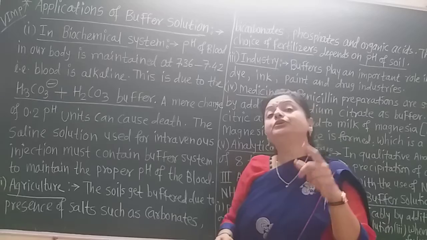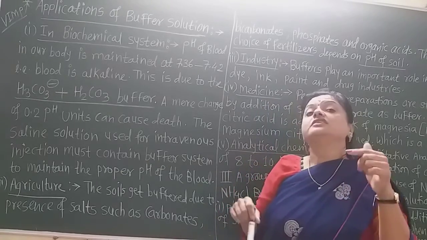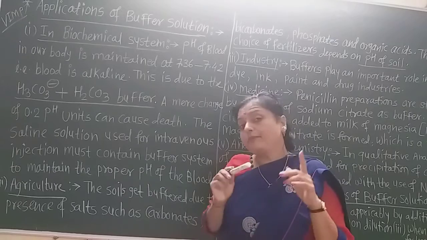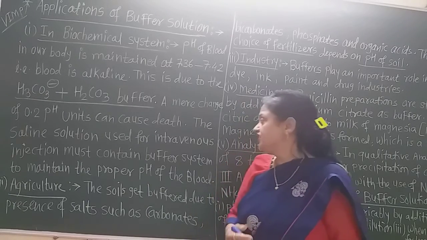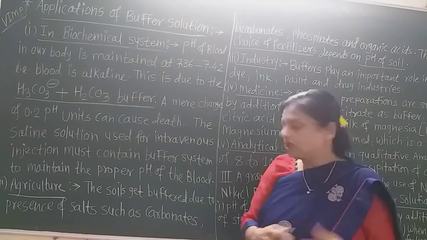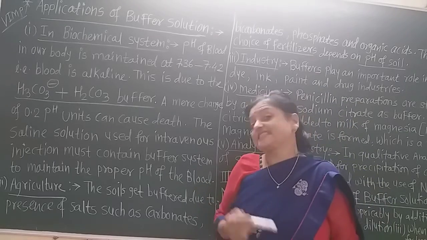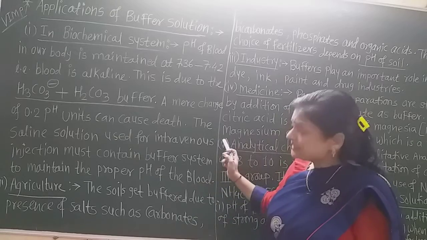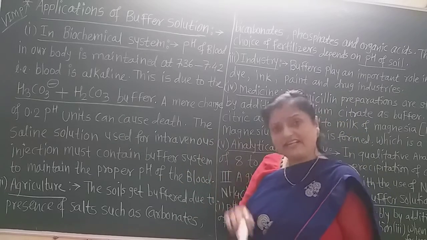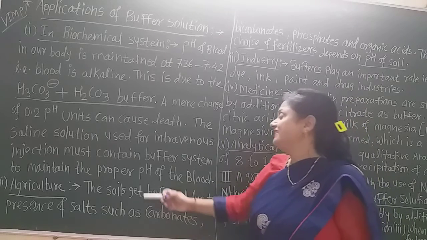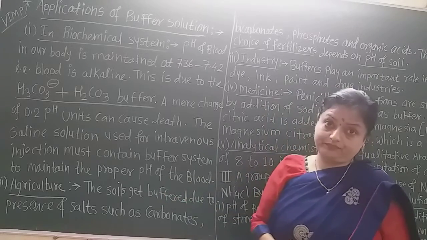Then you can inject the saline into our intravenous system. So the saline solution used for intravenous injection must contain a buffer solution to maintain the proper pH of the blood.